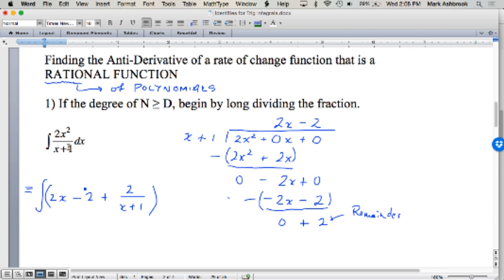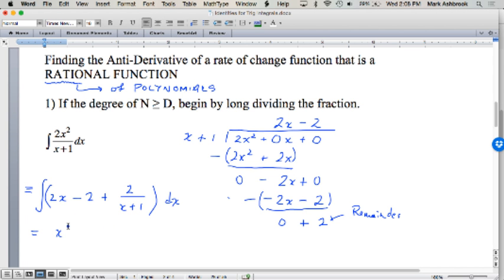So those are equivalent. And now we got an easy one, right? So we've got our rate of change function in a different form, and we can do an easy antiderivative.